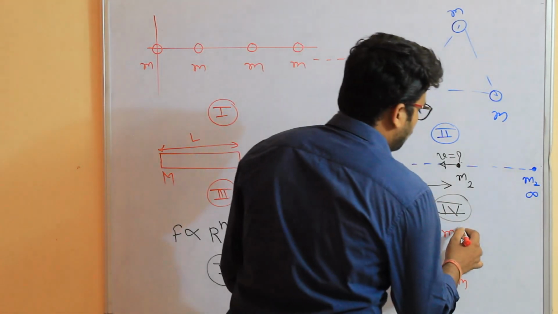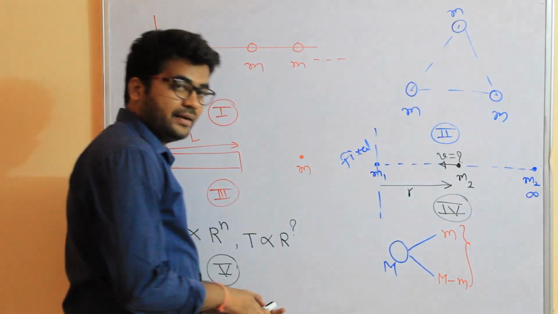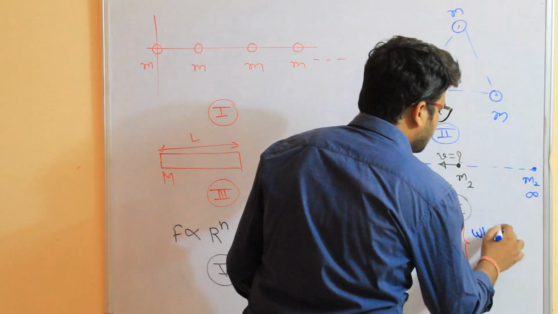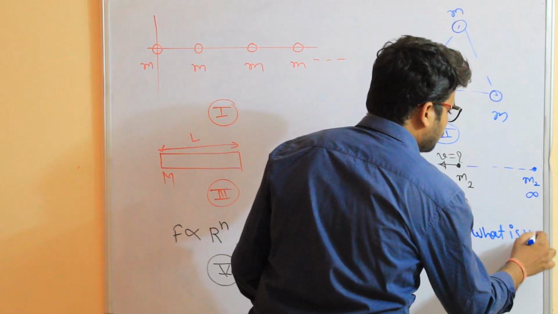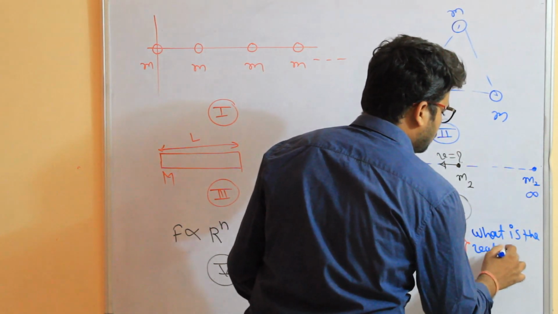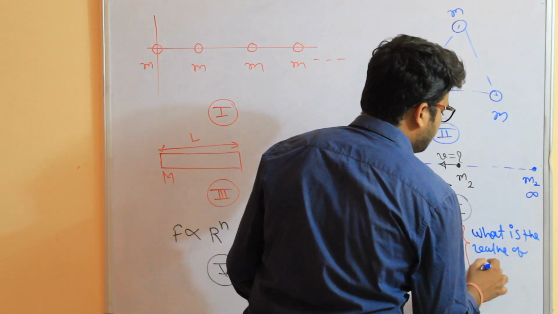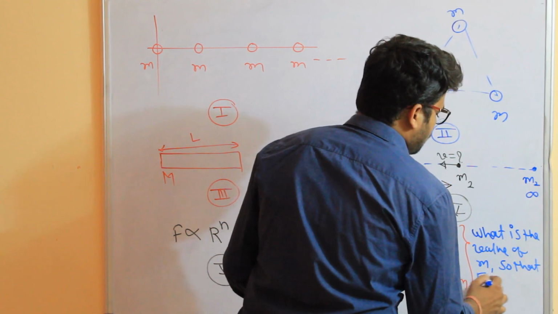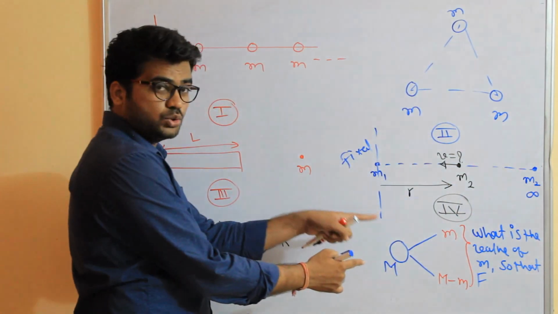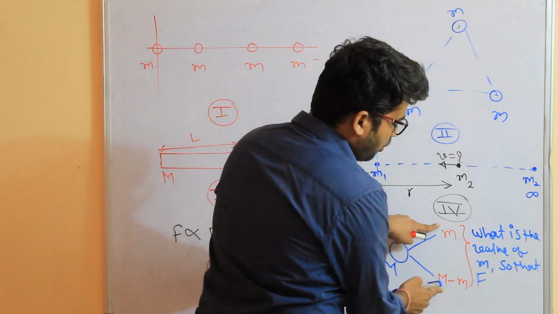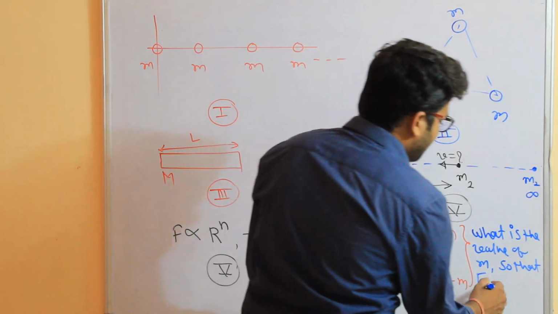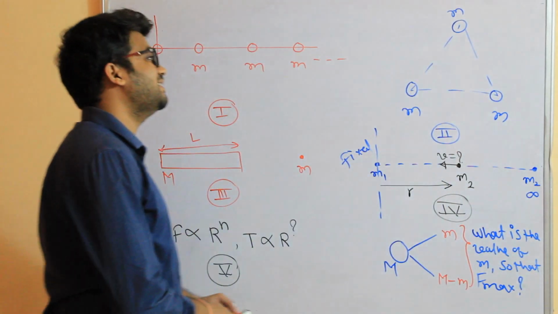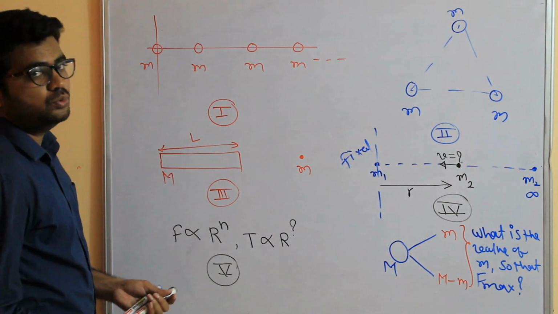Now what is the value of small m so that the force of attraction between these two masses, that is small m and capital M minus small m, is maximum. These are the 6 models which you have.